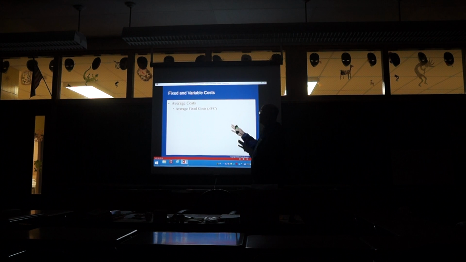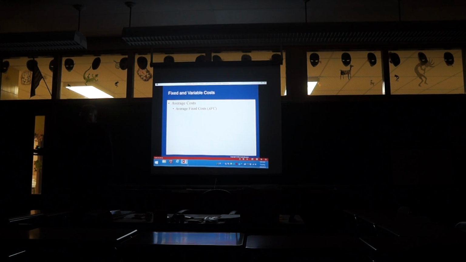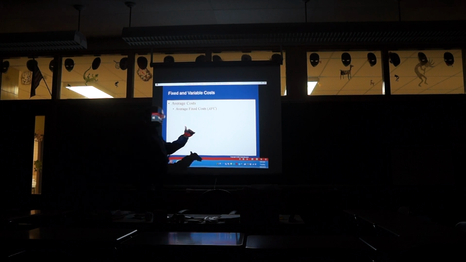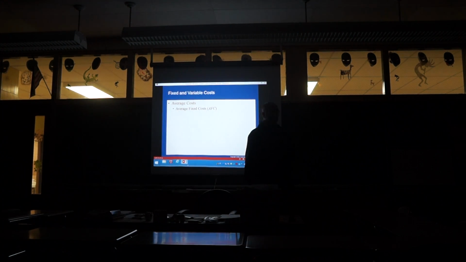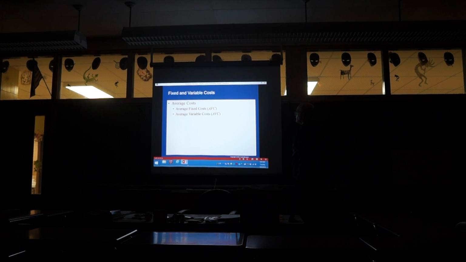You have average fixed cost, which is the fixed cost divided by the number of units. The average fixed cost is always going down, because fixed costs are steady and don't change as you add units. So 100 divided by 1 unit would be 100, divided by 2 is 50, divided by 3 is 33, by 4 is 25, so the average fixed cost is always going down.